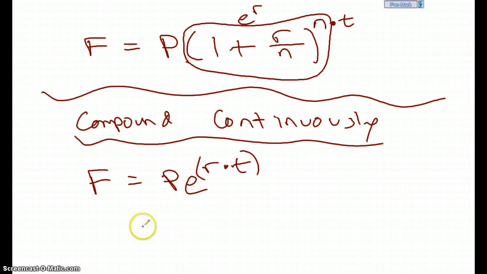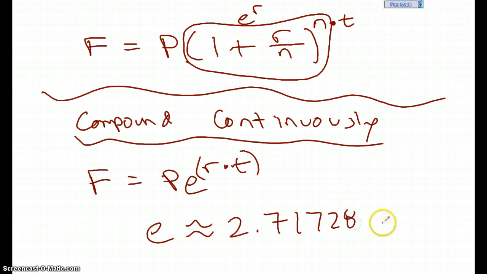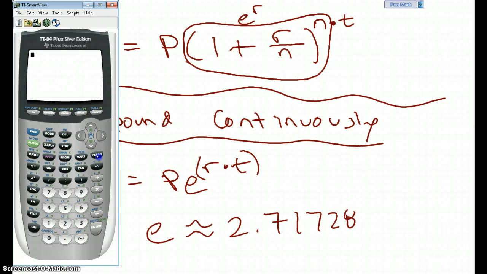Now, what is e? Well, e is a number just like pi. In finance it's equal to about 2.71828. So in your calculator, if you go to your home screen and you hit second and this button that says LN on it, you will get the letter E, or if you hit second and the division sign, you get the little lowercase letter e.